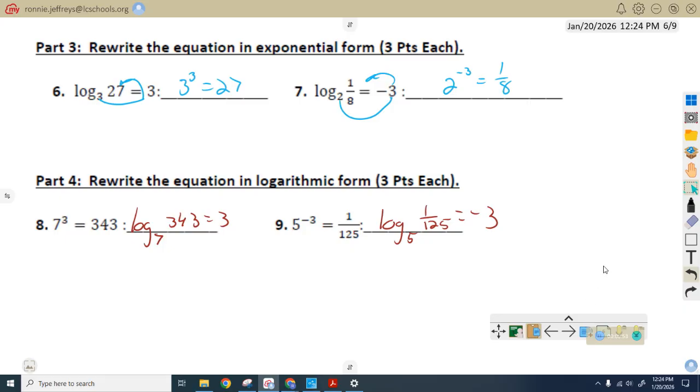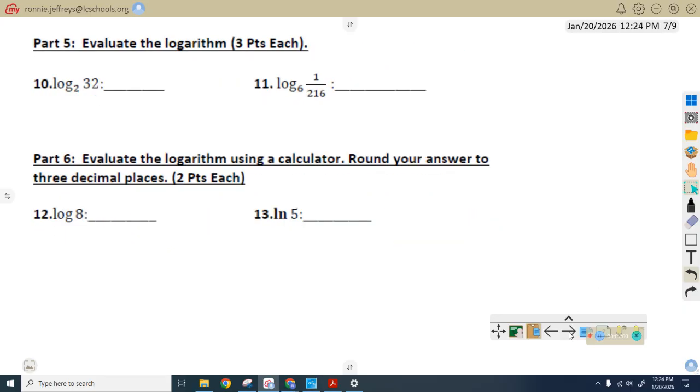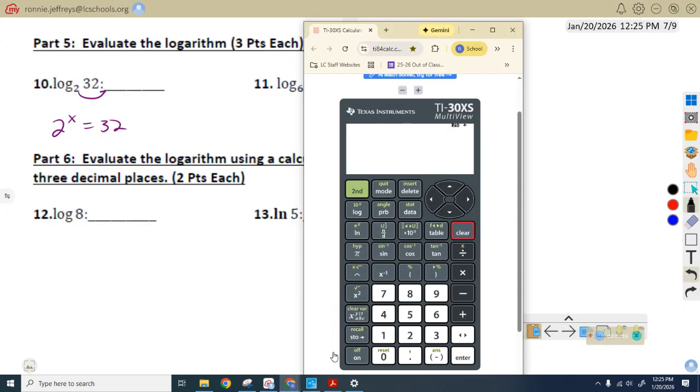Alright, are we good with 6 through 9? Okay. Alright, so part 5. Alright, so 2 to what power is 32? Well, I would just start plugging stuff in. 2 squared is 4. 2 to the third is this. 2 to the fourth is this. Okay.